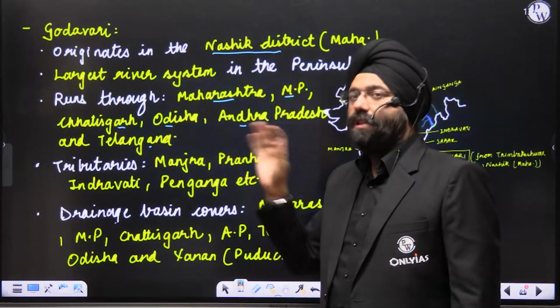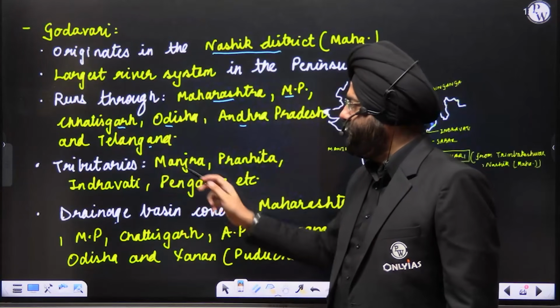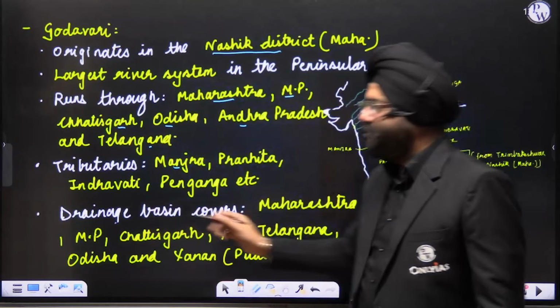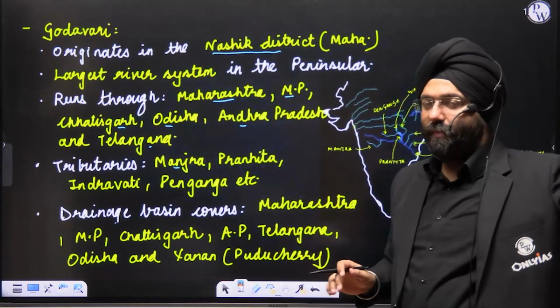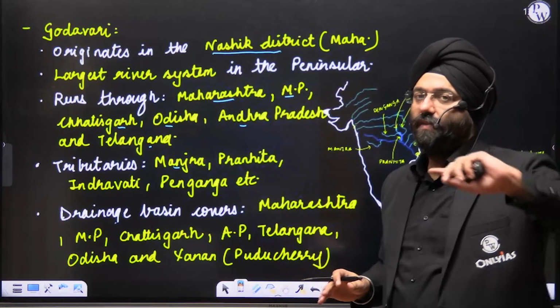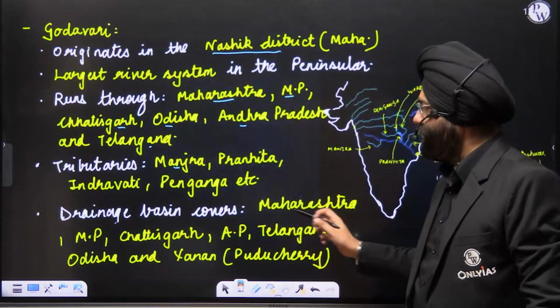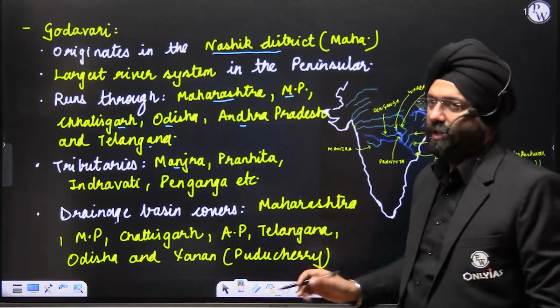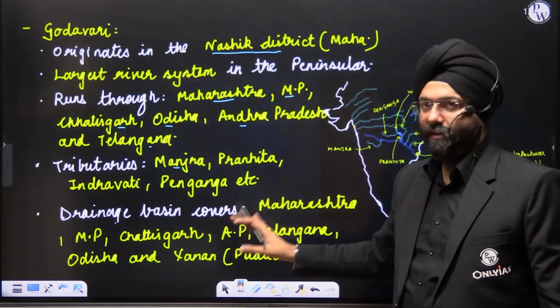Tributaries, Manjra, Pranhita, Indravati, Penganga, we have studied them. Drainage basin again is a larger area because a lot of tributaries along with the main river. Which states is it covering? Maharashtra, Madhya Pradesh, Chhattisgarh, Andhra Pradesh, Telangana, Odisha, Yanam, that is Puducherry. So all these places are being drained. Clear?